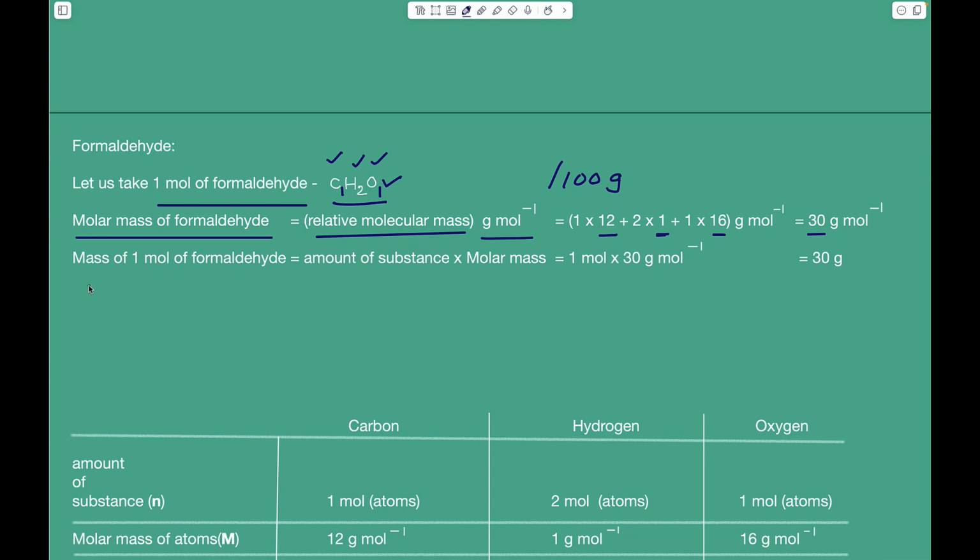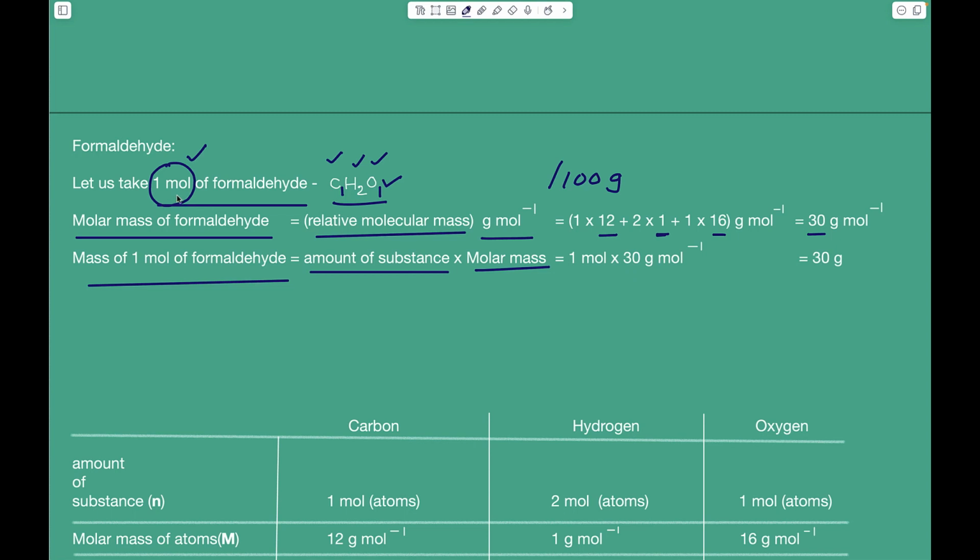And to know the mass of 1 mole of formaldehyde, you have to multiply the number of moles, also known as amount of substance, with its molar mass. How many moles did we take?